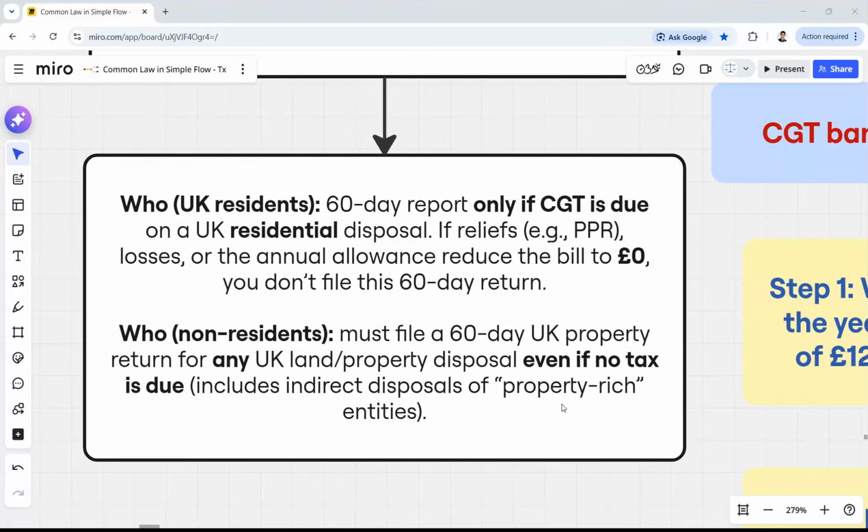So the UK is giving 75% value to that land. So once again, for non-residents, the 60-day return and payment is important and mandatory. And even if there is no tax to pay, there is still an obligation to do the reporting.